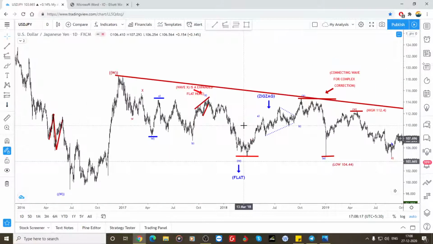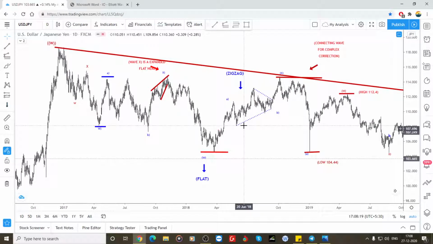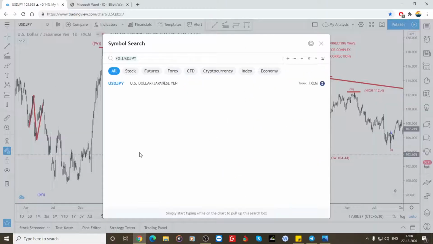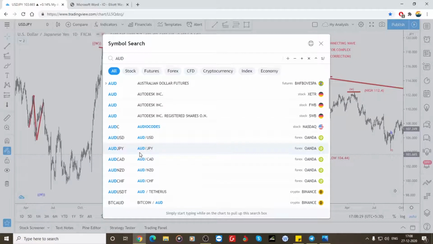And the next one is the irregular flat: how we have to calculate it. For the irregular flat, for example, we will go to AUD USD.